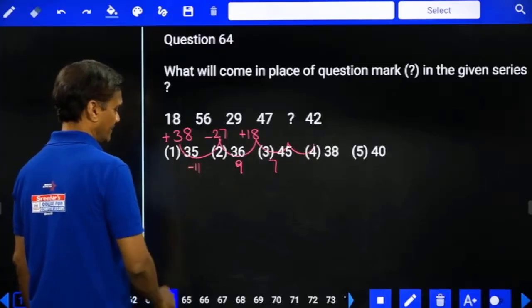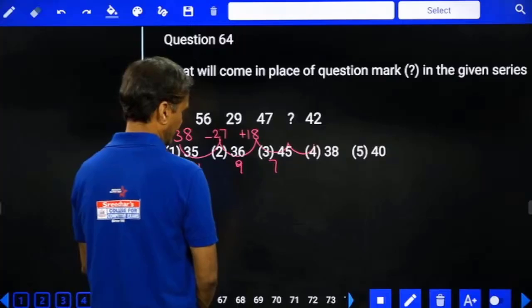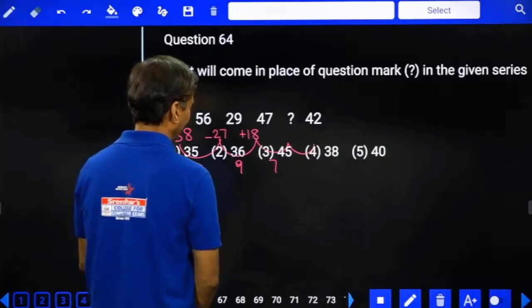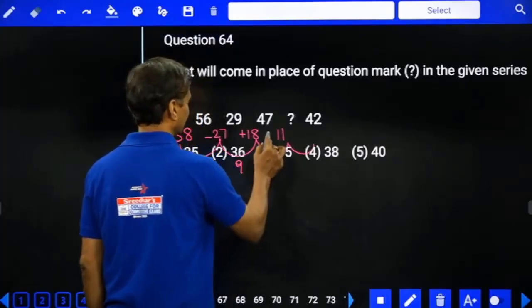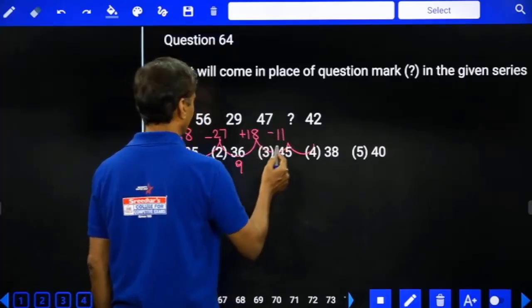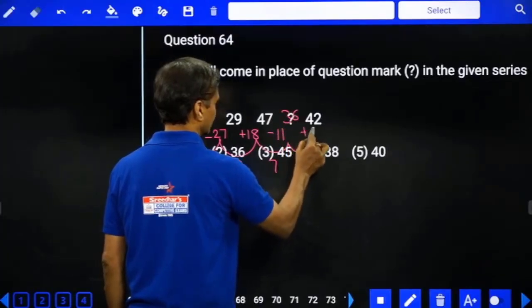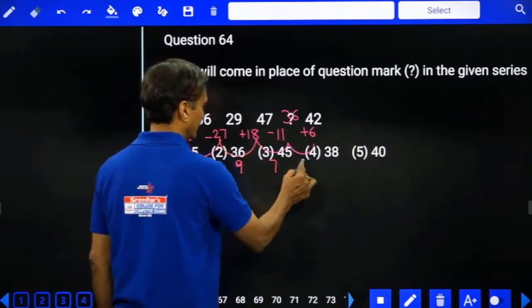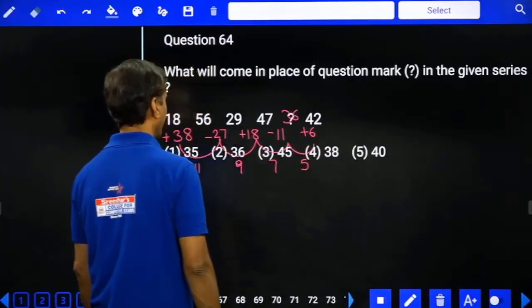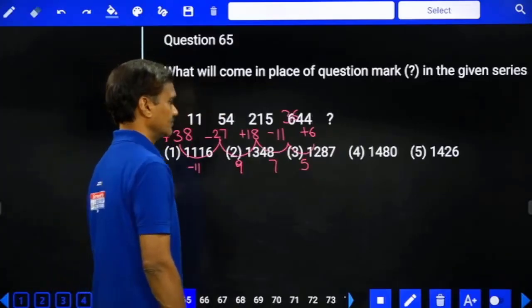Minus 11. 47 minus 11, how much is that? 36. Now check out the differences: 11, 9, 7, and then next it is 5. Clear? Now the missing number is 36, choice 2, question 64.